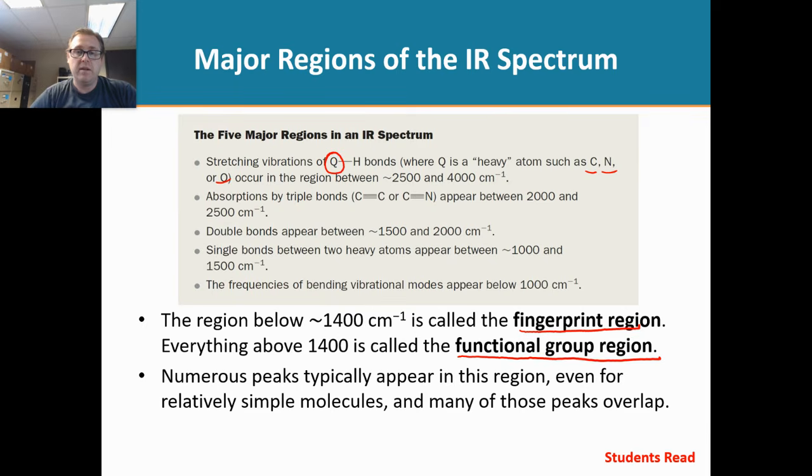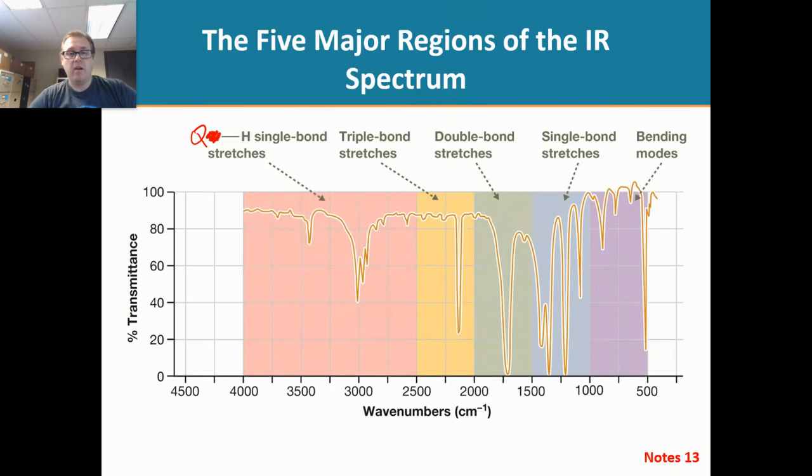So in the IR, we have different regions where different stretches appear that help us understand what we have in our molecule. In this pink region right here, we would see things like a carbon hydrogen stretch, or a nitrogen hydrogen stretch, or an oxygen hydrogen stretch. That's where we would see those.